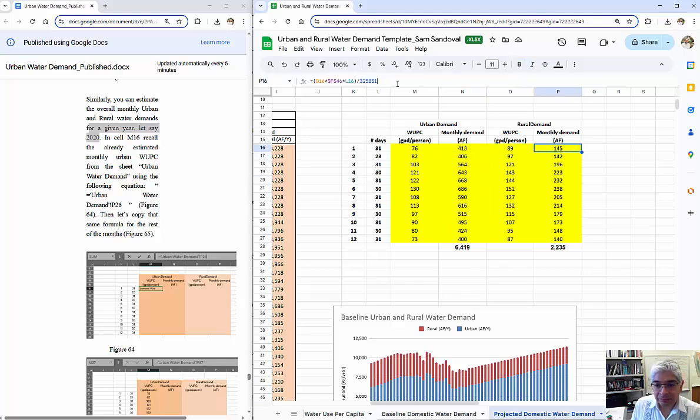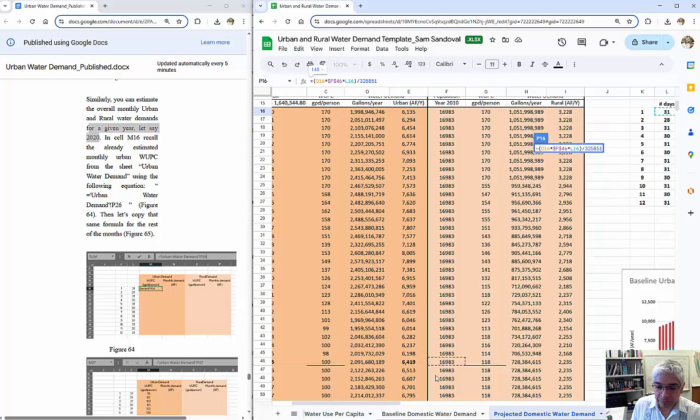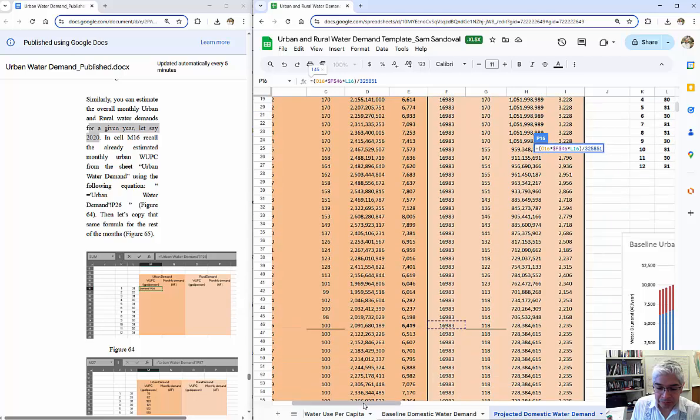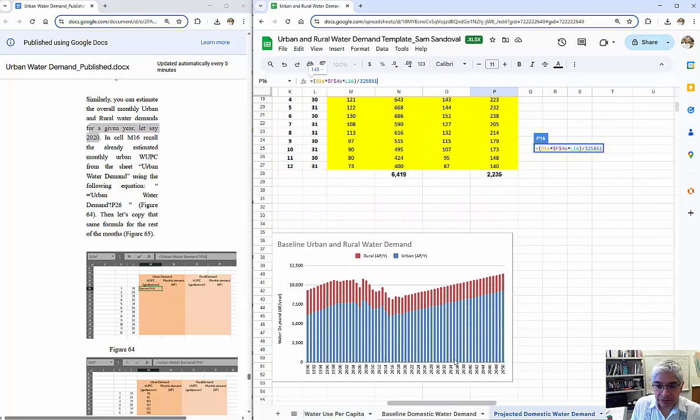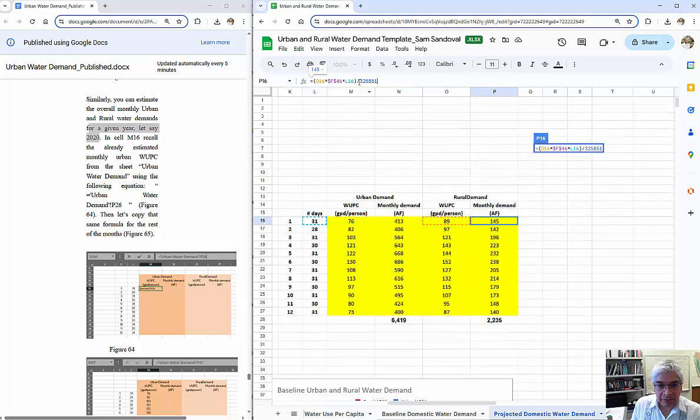We'll do exactly the same, so multiply the water use per capita per the number of days times the population in 2020, and that will give us the volume of water in gallons, and then here we divide it over this much, which is the conversion from gallons to acre feet, and will give us this specific acre feet per month.